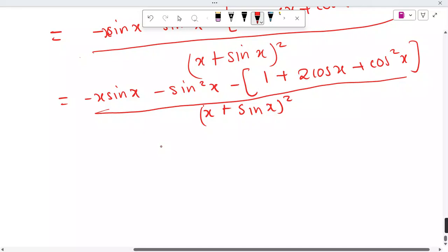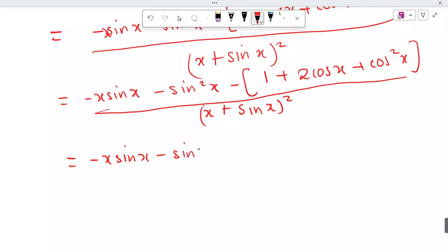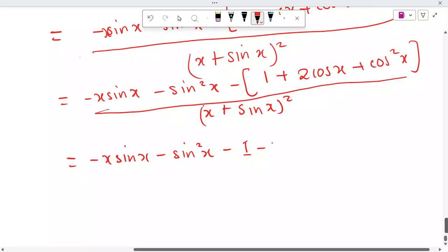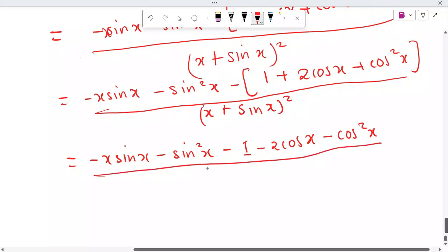Next let's distribute the negative. So negative x sine x minus sine squared x minus 1 minus 2 cos x minus cos squared x, over x plus sine x squared.